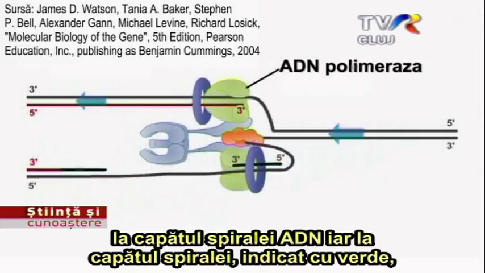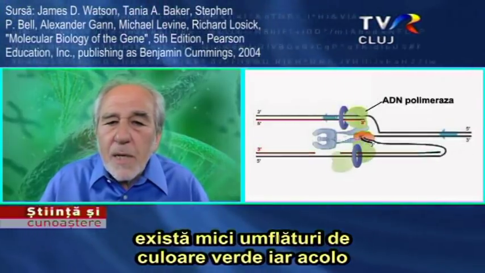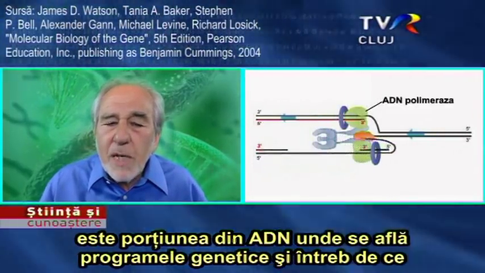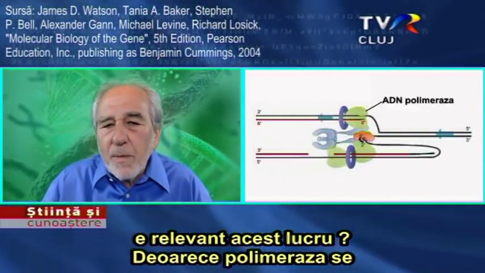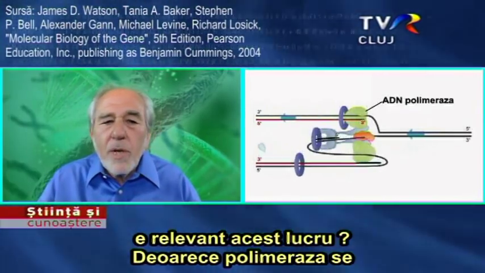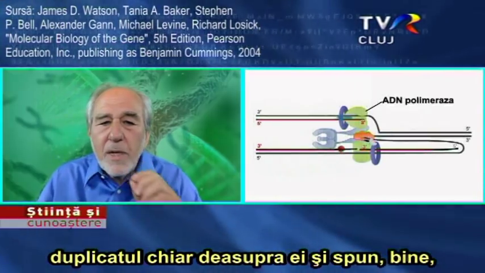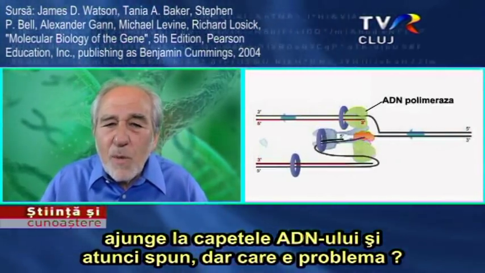At the end of the strand, which is indicated in green, those little green bumps represent where the telomere is. The red part of the DNA strand is where the gene programs are. And I say, so what's relevant about this? The polymerase went down the length of the DNA and copied the duplicate right above it. And then what happens? Well, it gets to the end of the DNA, and then what's the problem?